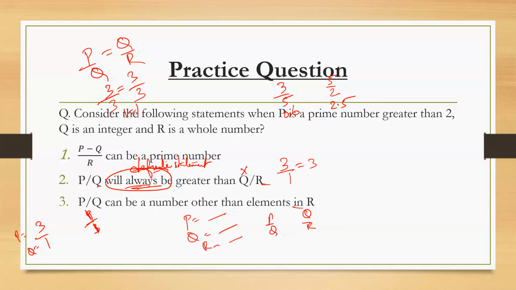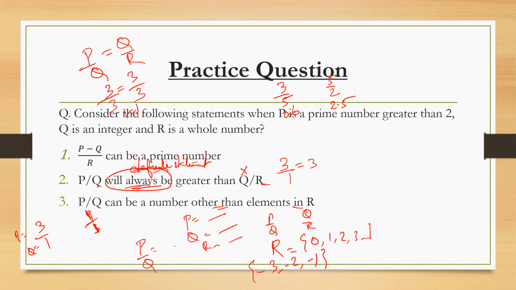Here whole number R is what? R is 0, 1, 2, 3 and so forth. So if I'm saying P by Q can be any such number which is not here, that means what? It can be negative also. -3, -2, -1. Okay. So can P by Q have such values?